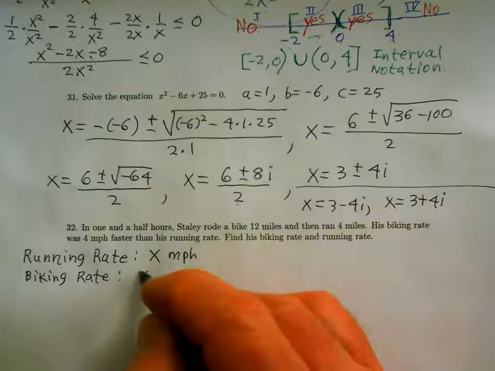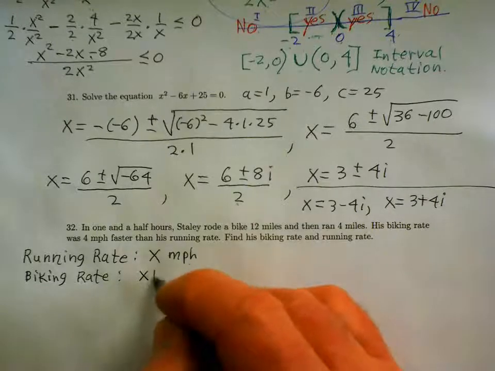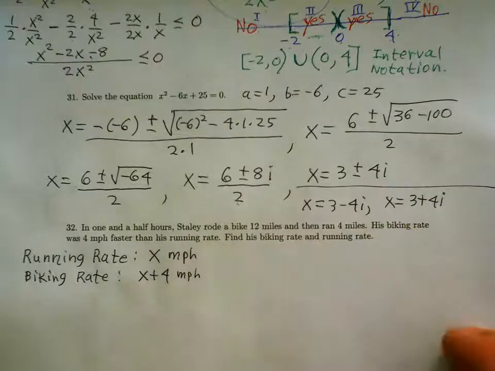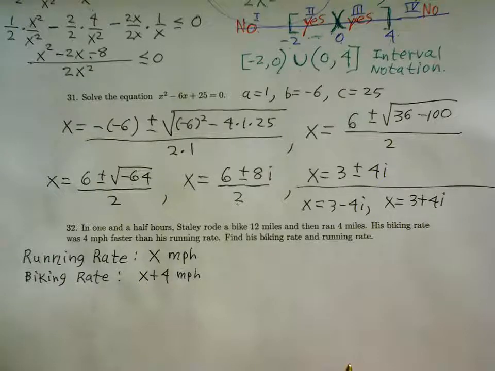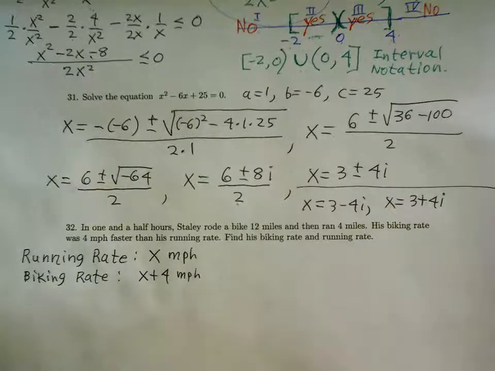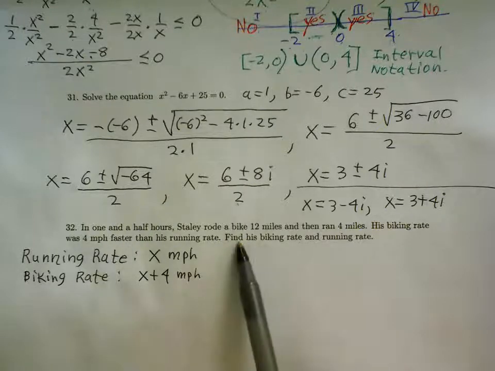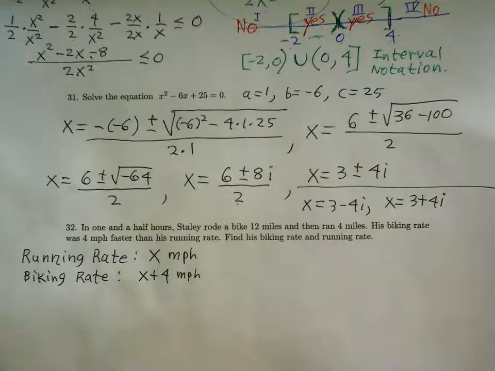So we represent the biking rate with x plus 4 miles per hour. We're told what the total amount of time was for biking and running, but we don't know precisely what the individual times were.